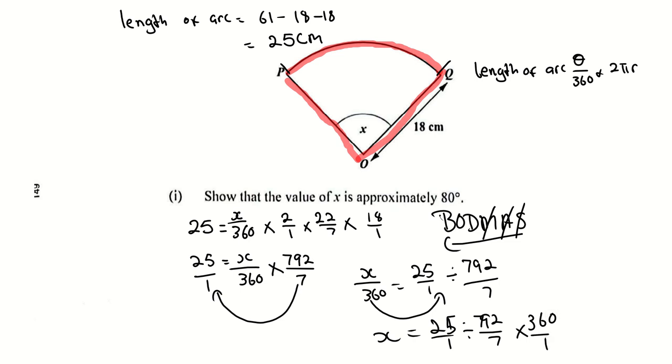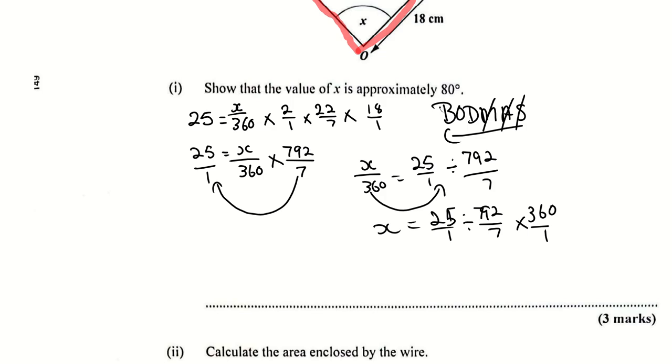Putting this in my calculator: 25 divided by 792 over 7 multiplied by 360. When you put it on your calculator, you'll get x is equal to 79.54545455.